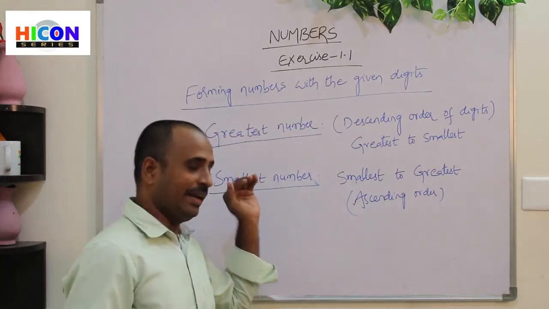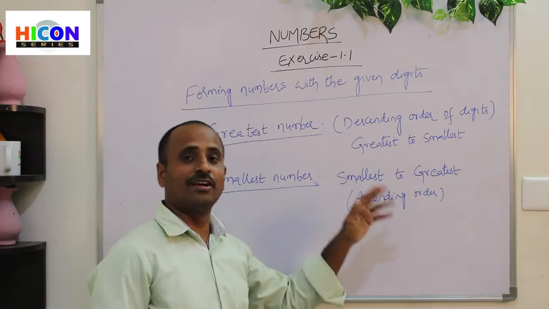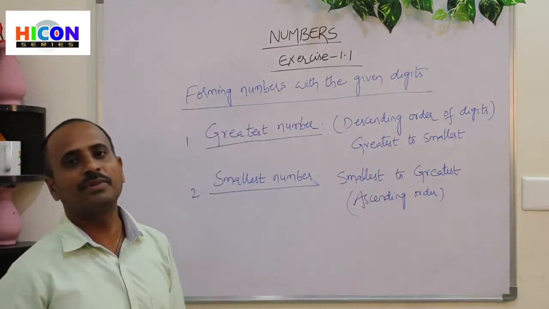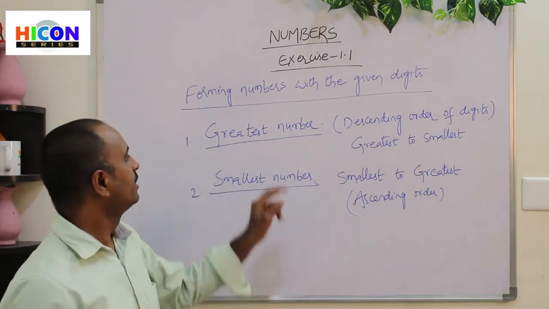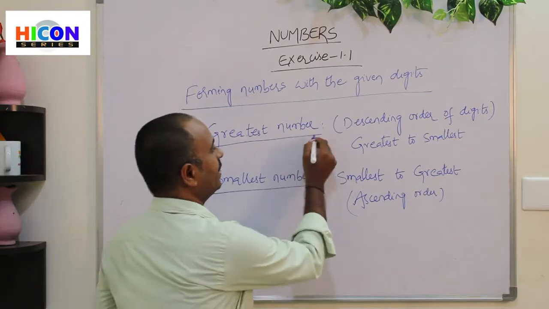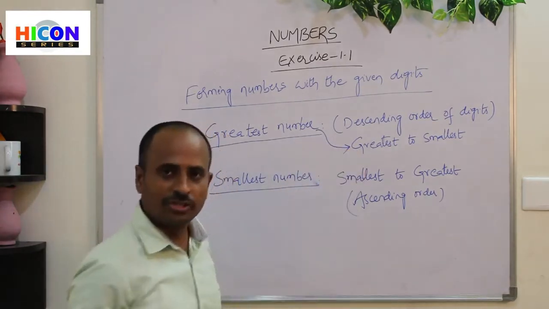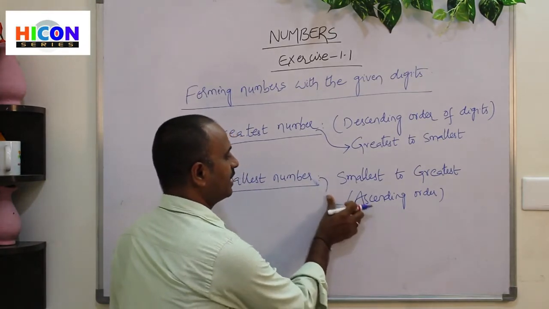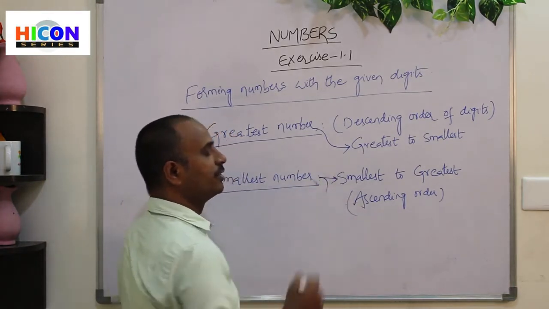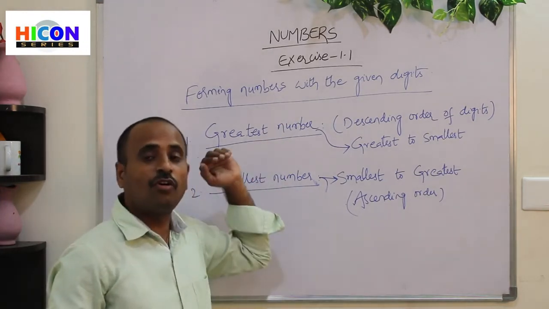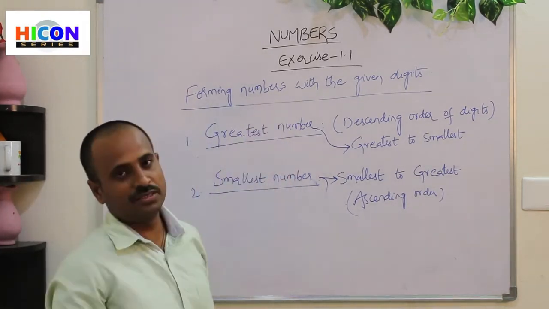And if we arrange them from smallest to greatest, we will get the smallest number. Remember these 2 points, and we can easily form the numbers with the given digits.